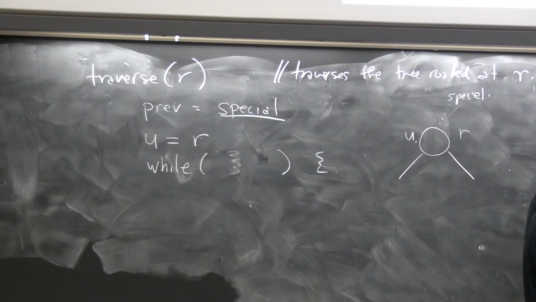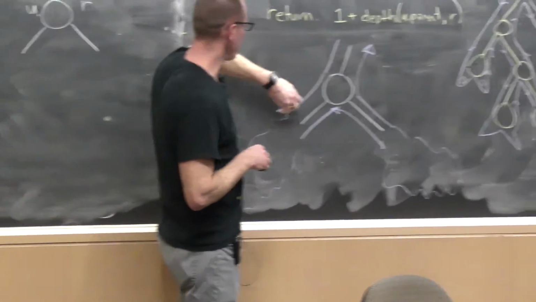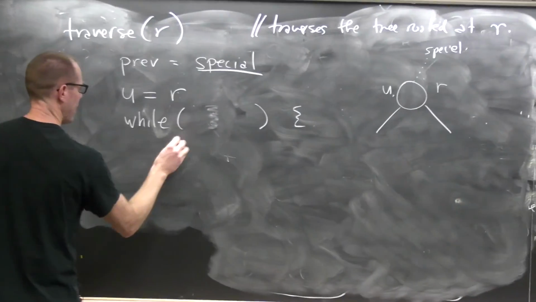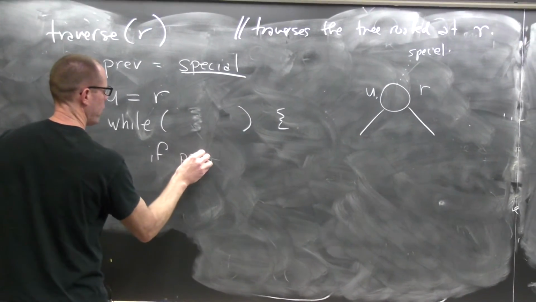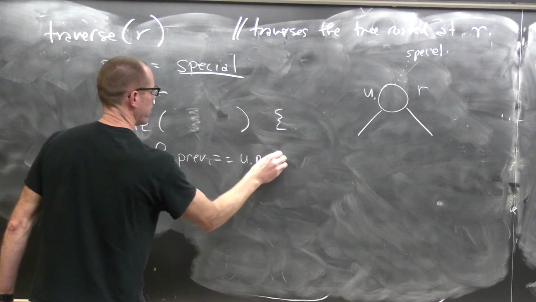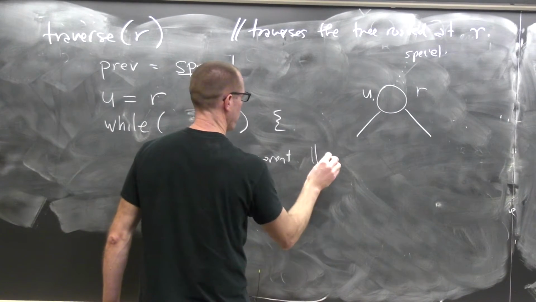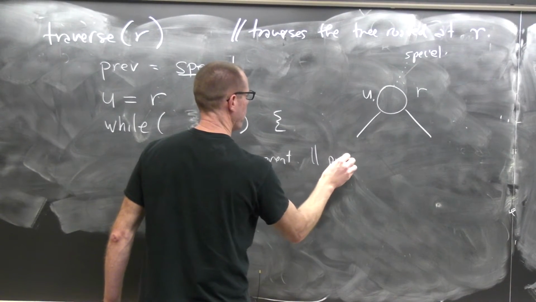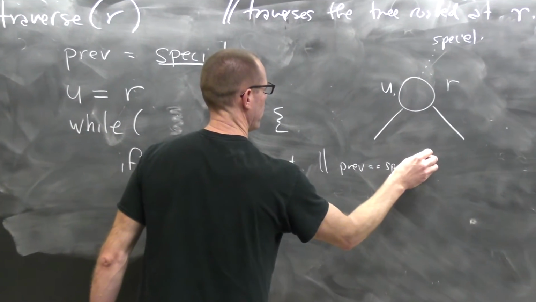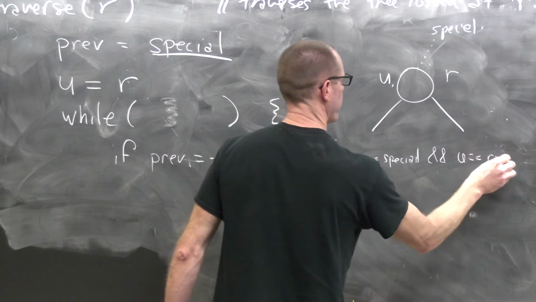Either we're arriving from the parent of u, so prev is the parent of u, in which case we go left. So we say if the previous node is equal to u's parent, and then we have this annoying condition, or the previous node is equal to special, and u is equal to the root.